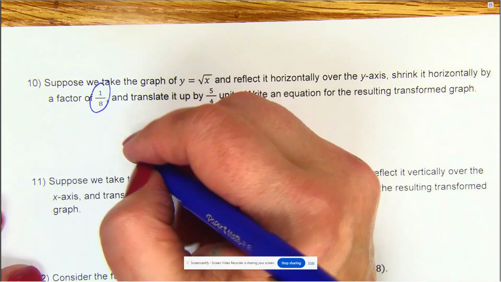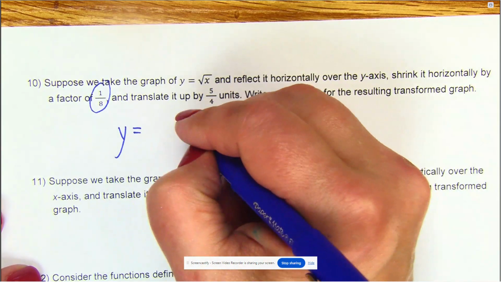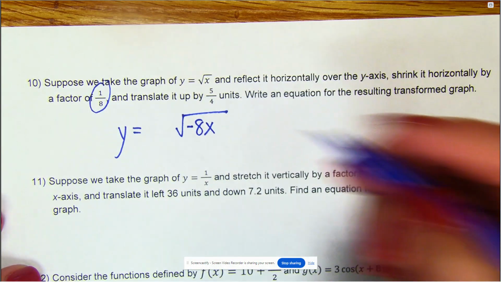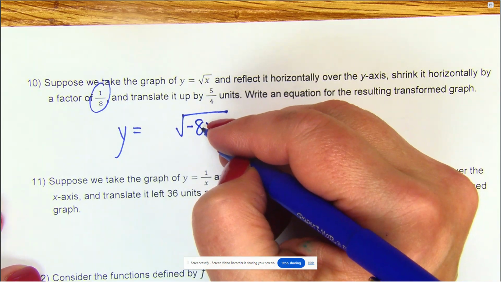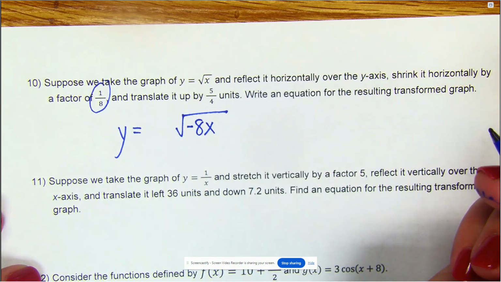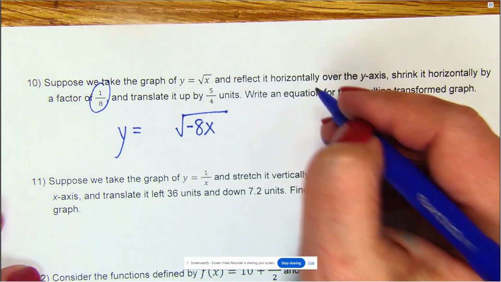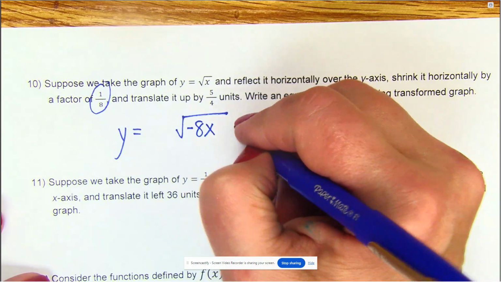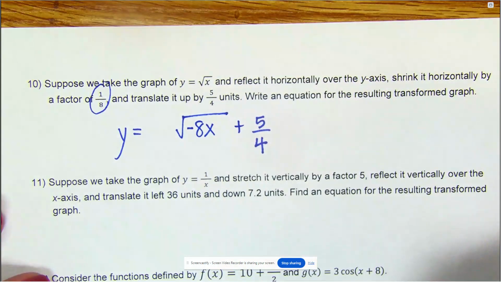So we're going to go y equals, and inside here we're going to have a -8x. Because remember, this number does the opposite effect. And then, is that it? Reflect, shrink it, and then up by 5/4. I left a little bit of space there, but oh well.